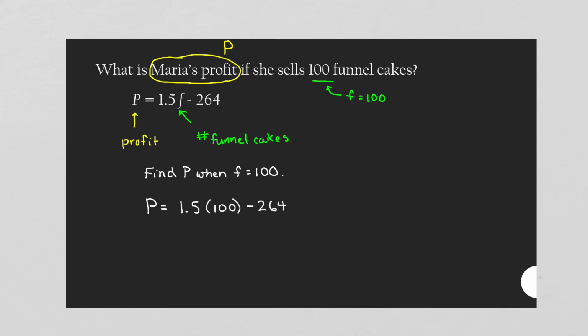The first thing we need to do in order to evaluate that expression is to actually do the multiplication step. That means we want to take 1.5 times 100, and that's simply 150. So that means P is 150 minus 264.